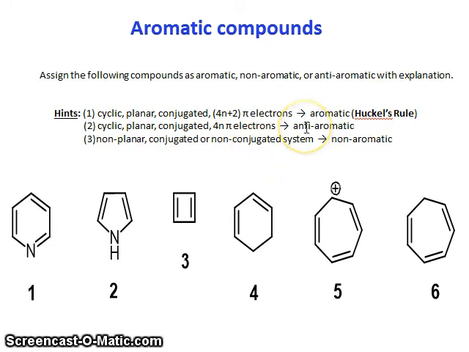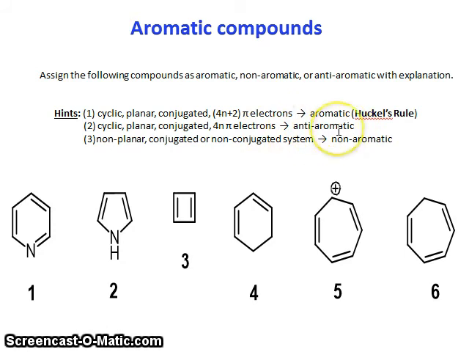So what are the anti-aromatic compounds? Some of the parameters are exactly the same. So some molecules which are cyclic, planar, conjugated, but they have 4n pi electrons. That means that they can have 4 electrons or 8 electrons, 12 electrons, etc. So they will be considered anti-aromatic.